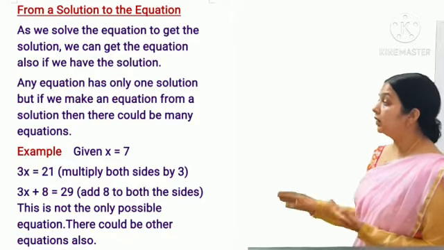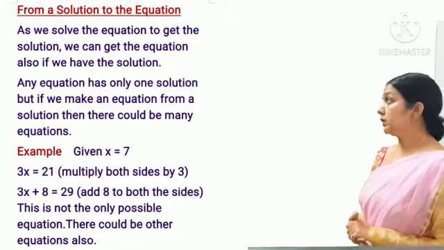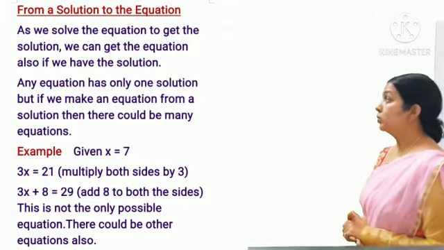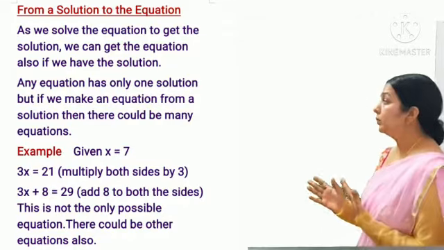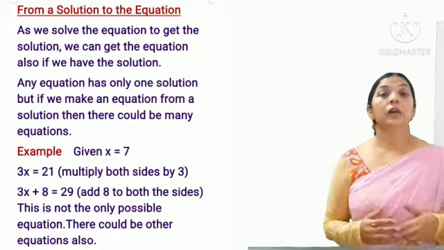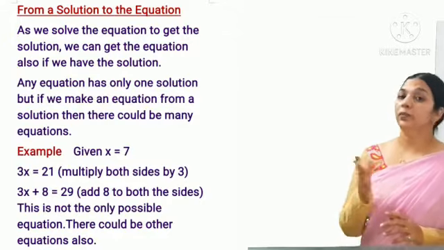Now we can add 8 on both sides, so it becomes 3x + 8 = 29. So this is also another equation. So these are not the only two possible ways. There could be thousands of ways to make an equation from a solution, and they could be different.